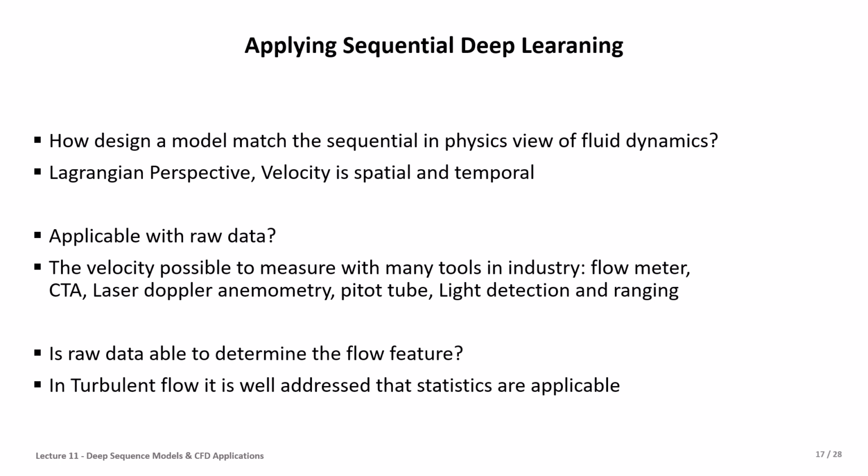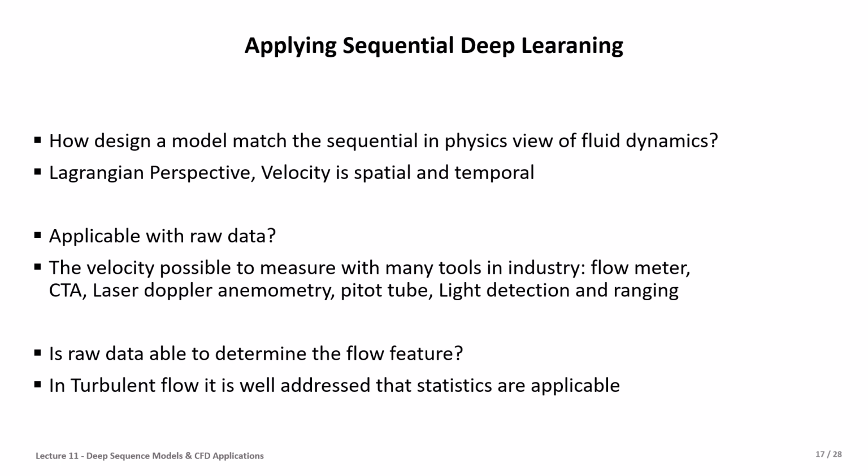Additionally, in the turbulent flow, based on the study, there are different approaches to study it. One of them is a statistical approach and one of them is a deterministic approach. Therefore, it's very clear that having statistical data from the turbulent flow with different realizations could provide us good data to train the model.